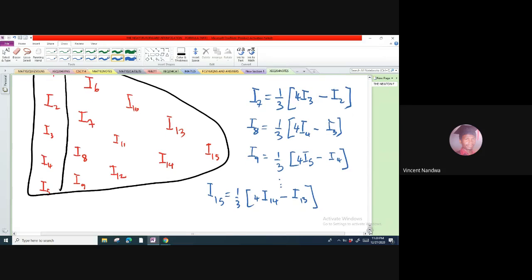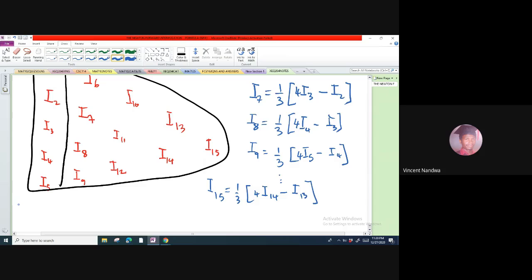You can always find the values because it's not very hard to apply the trapezoidal rule. So I advise you to do as many examples as possible so that you can be free to apply Romberg's integration. Thank you.